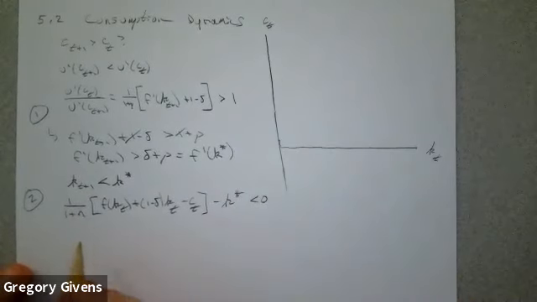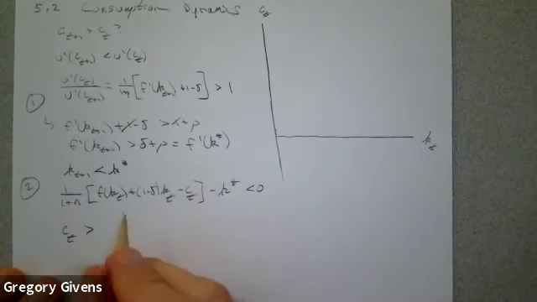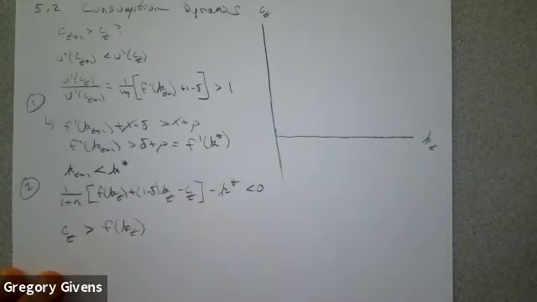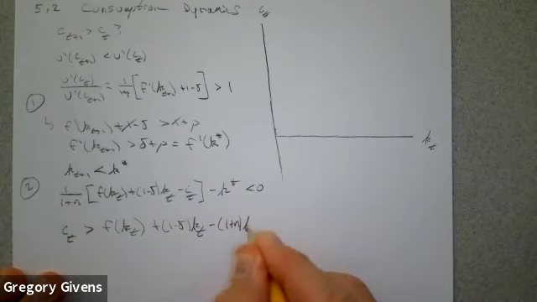And if I turn around and express consumption then as an inequality over values of the capital stock, you will get that C_t has to be bigger than f(K_t) plus 1 minus delta K_t minus 1 plus n K star.